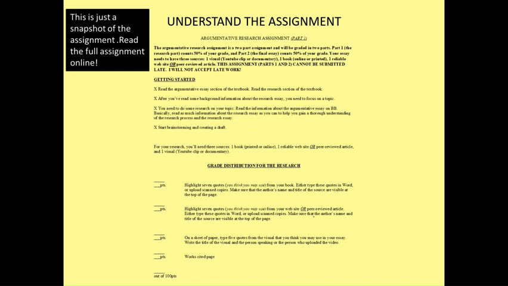And then highlight 7 quotes you think you may use on a website or peer-reviewed article. And then make sure you highlight, or on a sheet of paper you type, 5 quotes from the visual that you think you may use in your essay, okay? So you need 7 quotes from your book, 7 quotes from your website or peer-reviewed article, and type 5 quotes you think you may use from your visual, and you need a works cited page, okay?